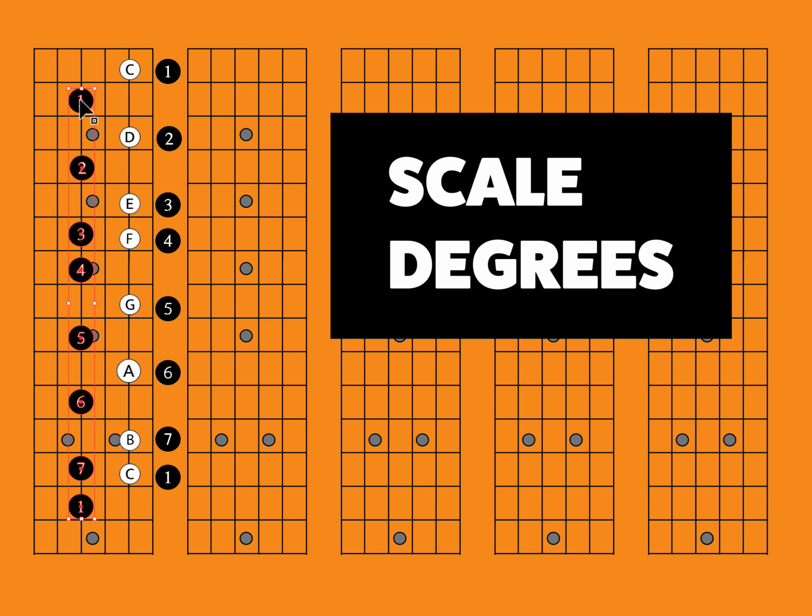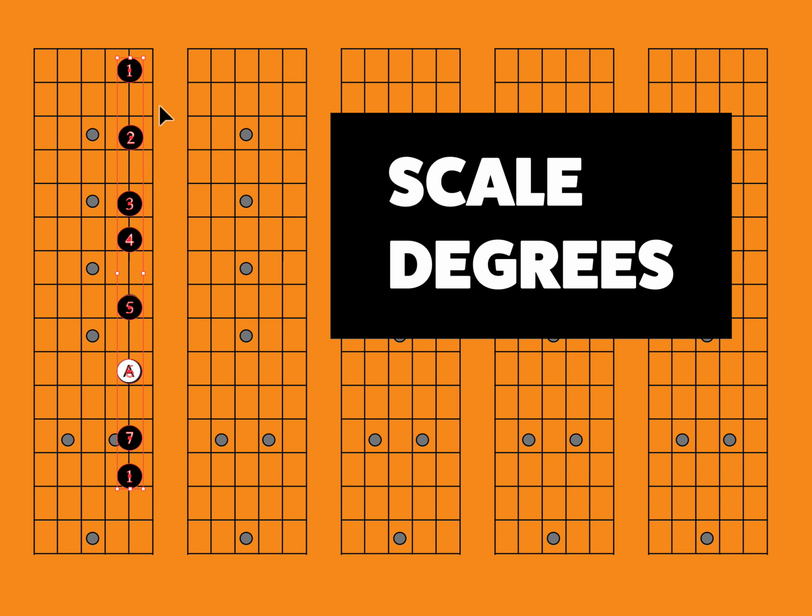So I'm going to eliminate this. Now, how does it work with C? These scale degrees are also intervals, essentially.